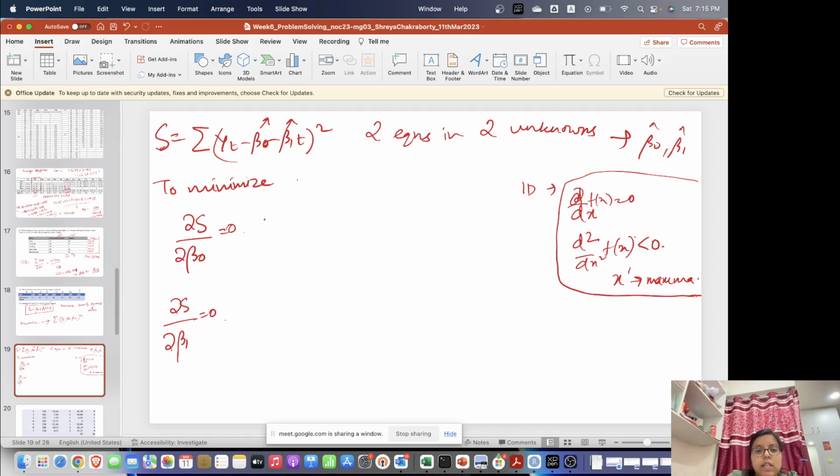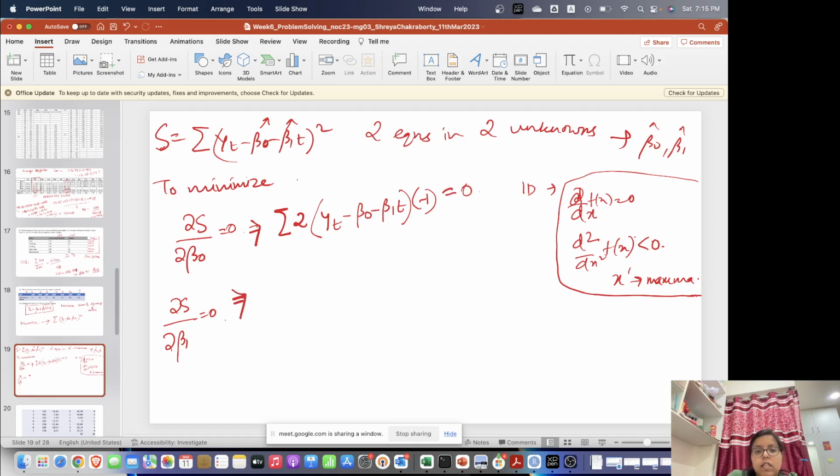So if I do this, then what am I getting? Del S del beta naught will become summation, the 2 will come in front, 2 times yt minus beta naught minus beta 1 t, and then chain rule. The coefficient of beta naught is minus 1. Here beta naught is the unknown, so we'll equate it to 0.